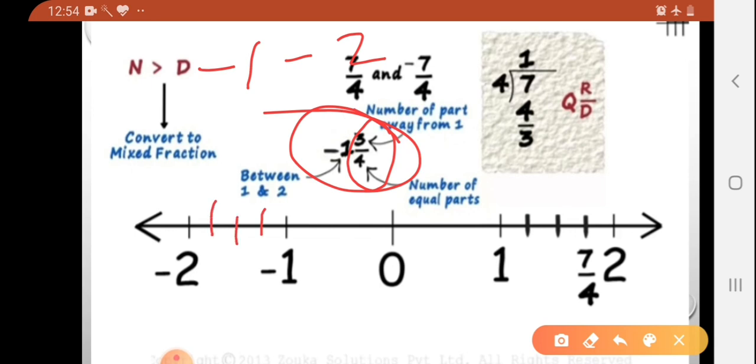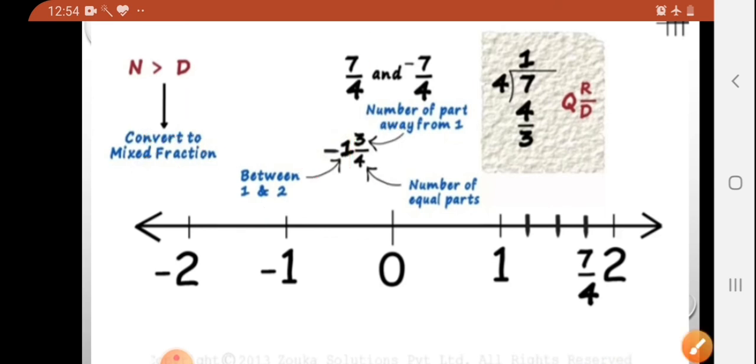You will draw 1, 2, 3 lines, so it is divided into 4 parts, and then you will mark the third point that will represent minus 1 whole 3 upon 4. In this way you will represent the rational number on a number line. So we have studied the representation of a rational number on a number line.